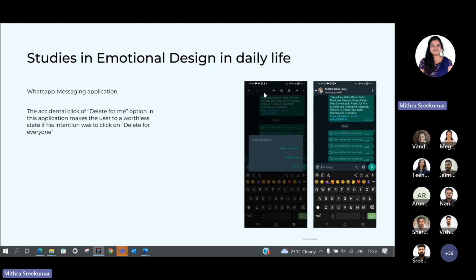Likewise, more examples are there, like when we register for something, like a newsletter, it is always ticked by default, and that has that negative emotion attachment, that I am always facing messages in between.